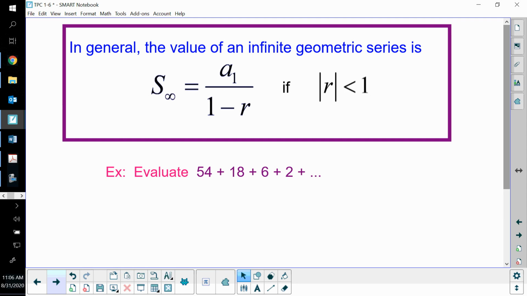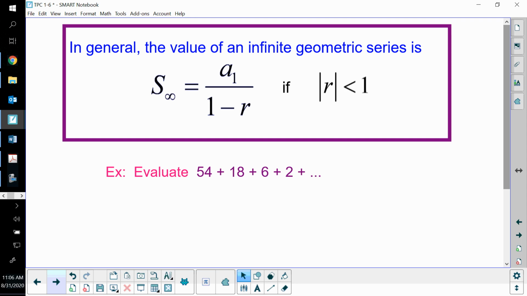It is our infinite geometric series. An infinite geometric series, if you are adding something smaller and smaller each time, so it's getting closer to 0, then your sum should approach some value as it goes to infinity, because eventually the values you're adding on are so super tiny.